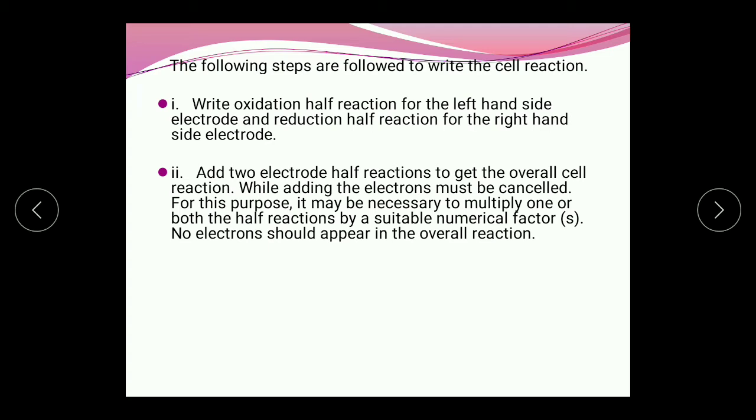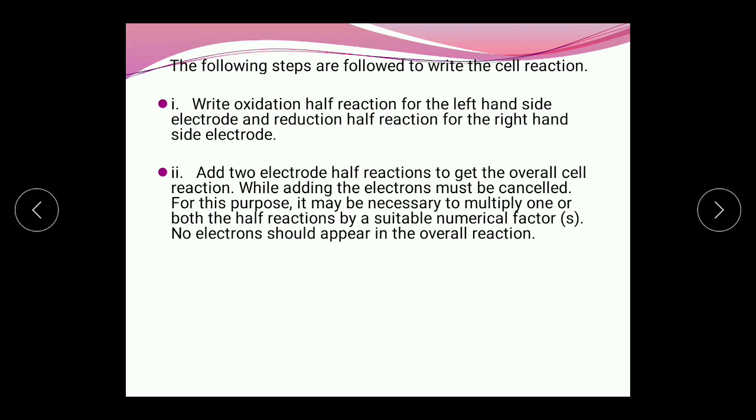And when the electrons become equal on both sides, they will be cancelled automatically. That means you must balance both the reactions to balance the number of electrons. So, how to balance them? For that purpose, it is necessary to multiply one or both the half reactions by a suitable numerical factor.